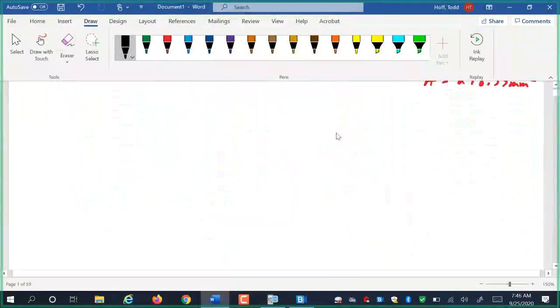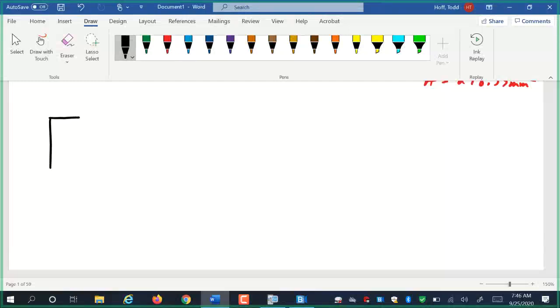So let's look at one that's maybe a little bit unique. I will tell you that that is a quarter circle there.